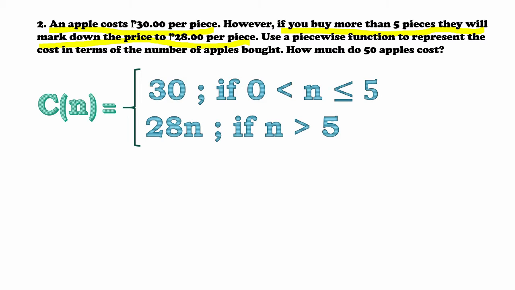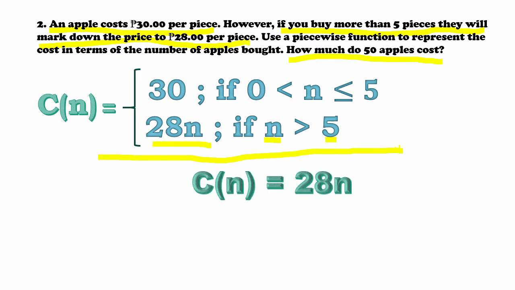Okay, the question is, how much do 50 apples cost? From these pieces of the function, which one are we going to use? Since 50 apples is greater than 5 apples, or n is greater than 5, we are going to use this function.